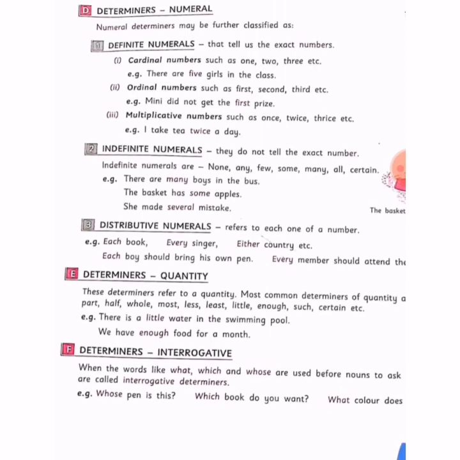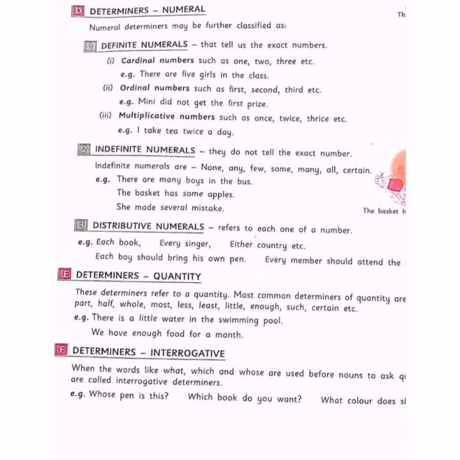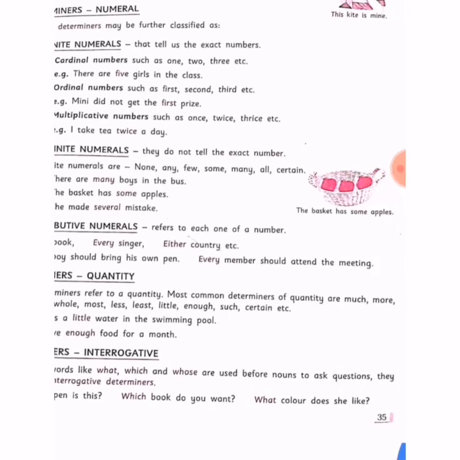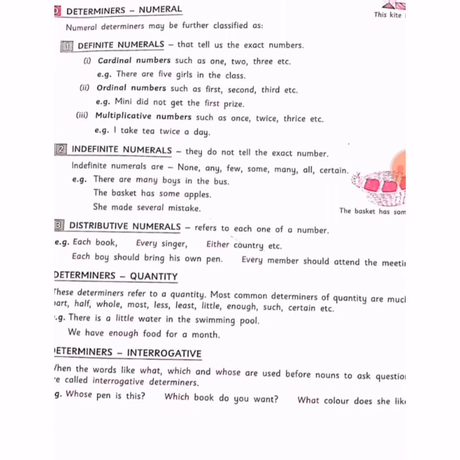Like, there is a little water in the swimming pool, which shows the quantity. We have enough food for a month. Now coming to interrogative determiners, the last kind of determiner. When the words what, which and whose are used before nouns to ask questions, they are called interrogative determiners.